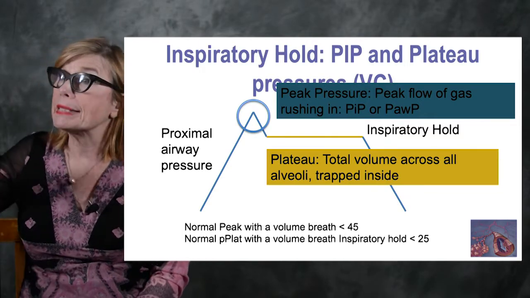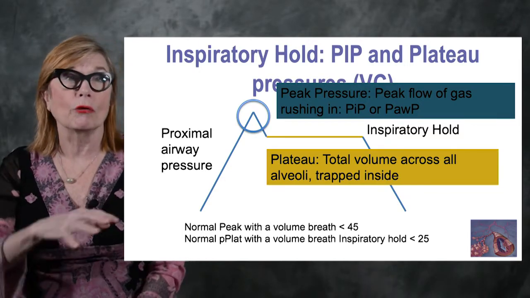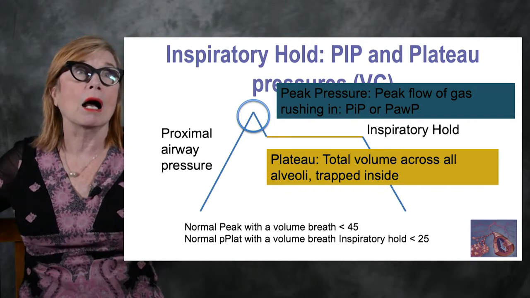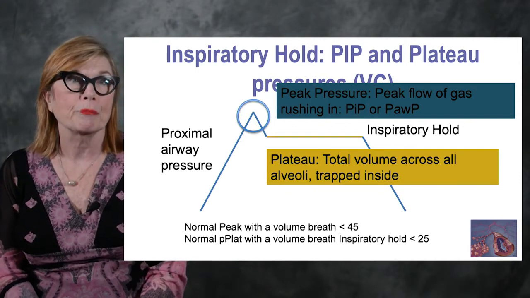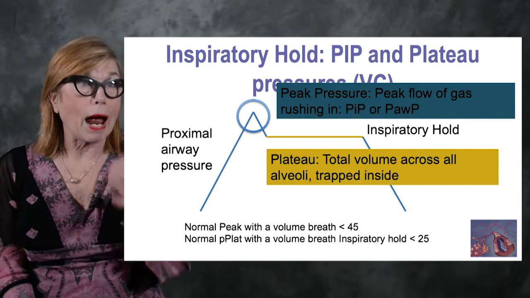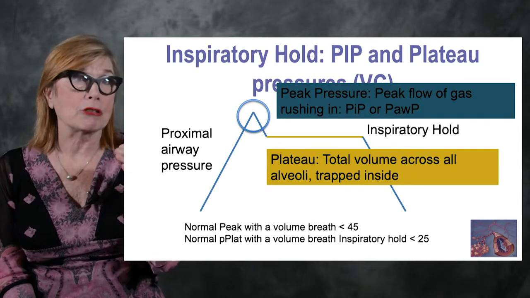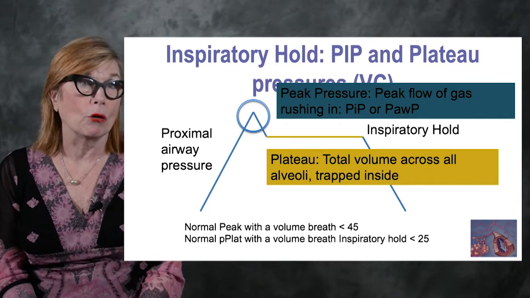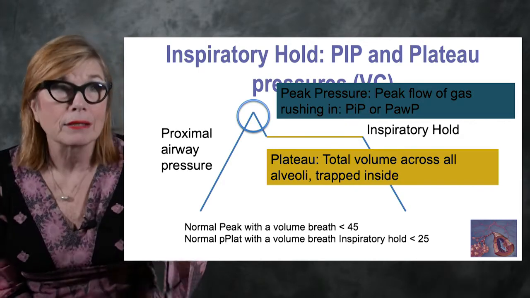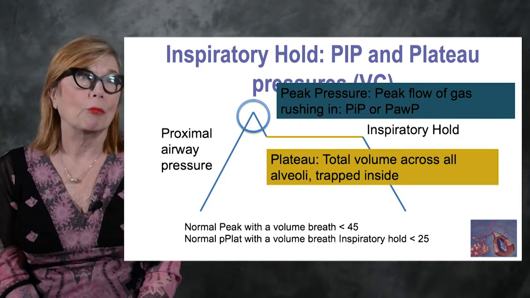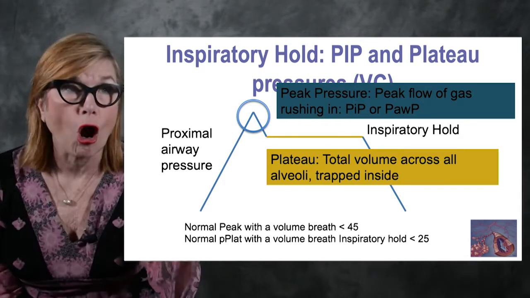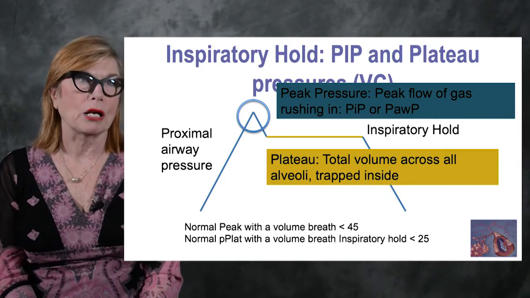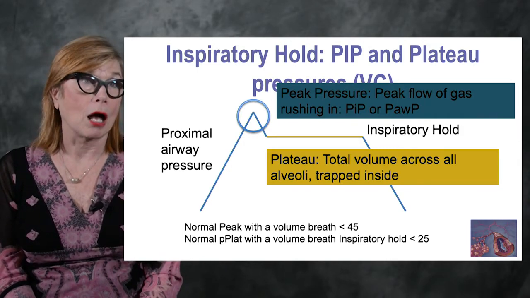And then we press that button for inspiratory hold, trapping the gas in the lung and measuring that pressure. That trapping of gas in the lung and measuring that pressure during inspiratory hold means that is how you need to open up the lung. You have to start at that plateau pressure to open the lung.